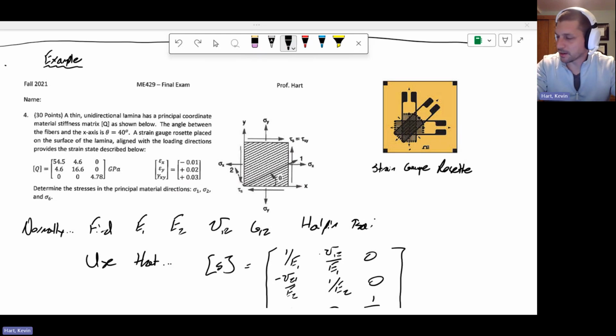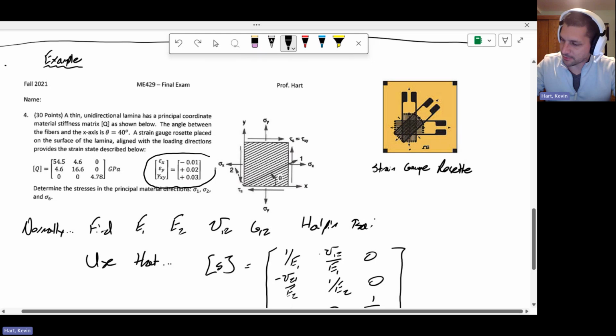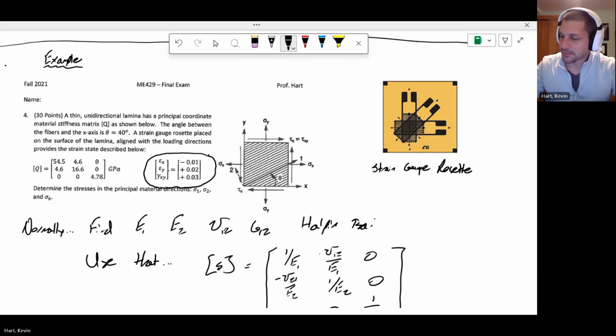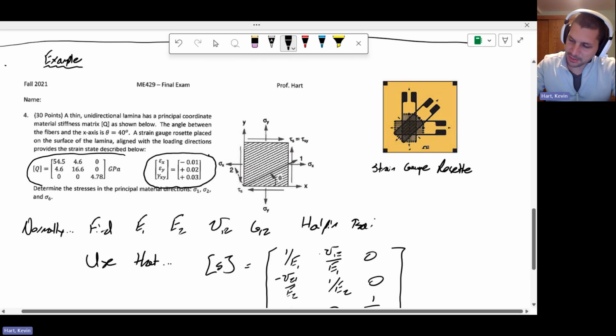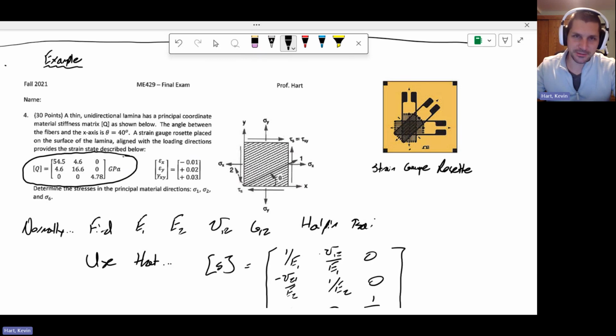First thing that we want to do here is we have 2 pathways that we can follow. The first pathway is probably to transform this strain vector into strain in the 1 and 2 direction, and then use this stiffness to determine what the stresses are given that strain. That's probably the easiest method. The other method will be to transform the stiffness matrix in the 1-2 coordinate system, which is the stiffness matrix that you see here, into a stiffness matrix in the XY coordinate system.